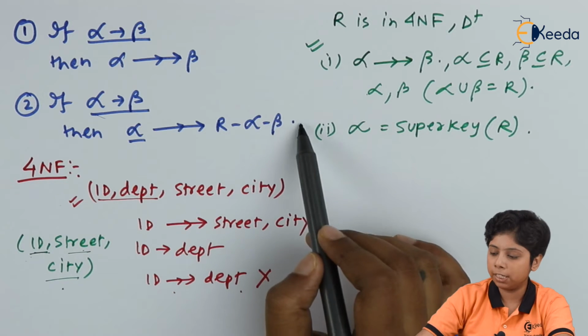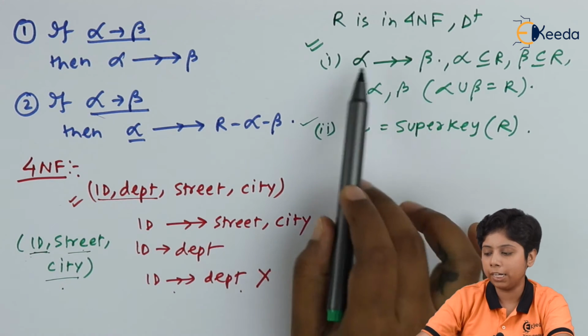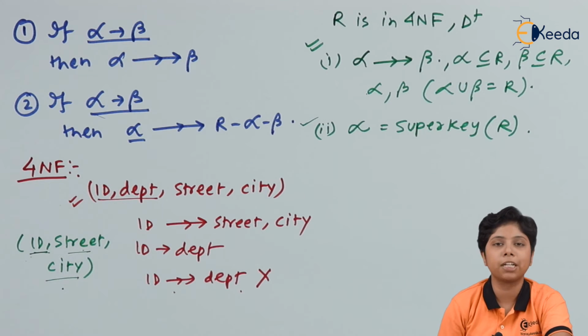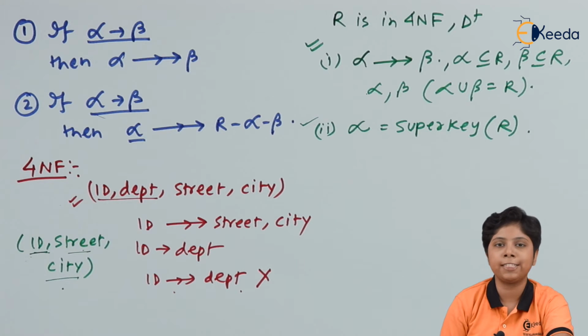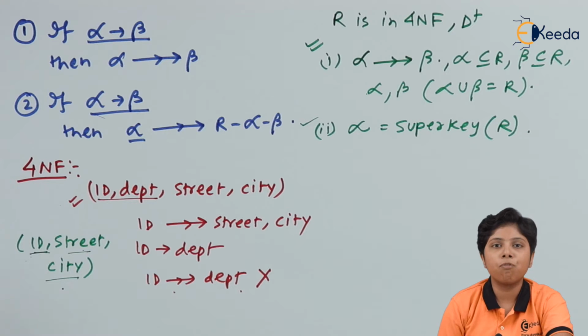So now if these two rules follow and are in 4NF and we have computed the closure of D, then we can say that this relation is in 4NF. Now, how do we find a relation and then decompose it so that the resulting decomposed relations are in 4NF?